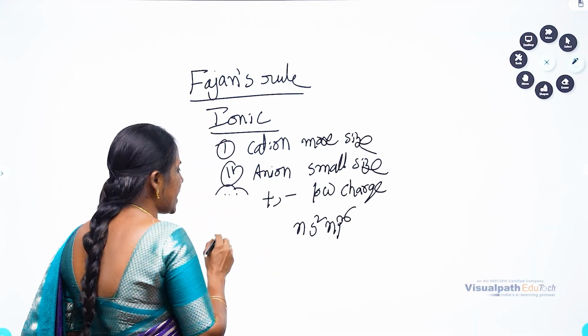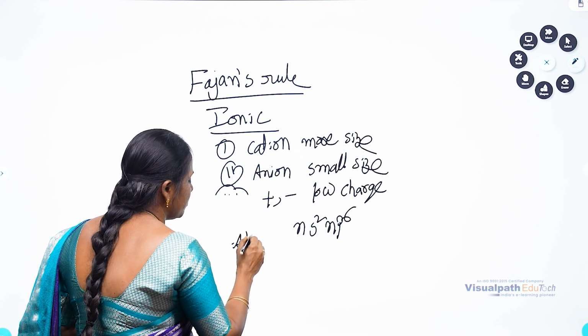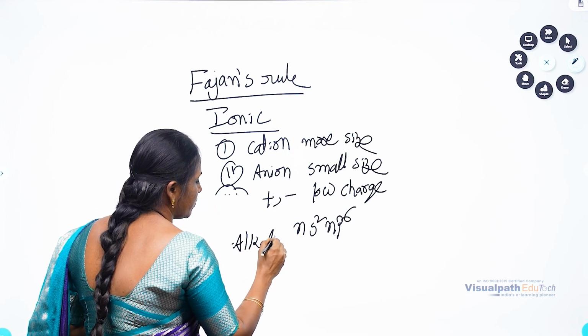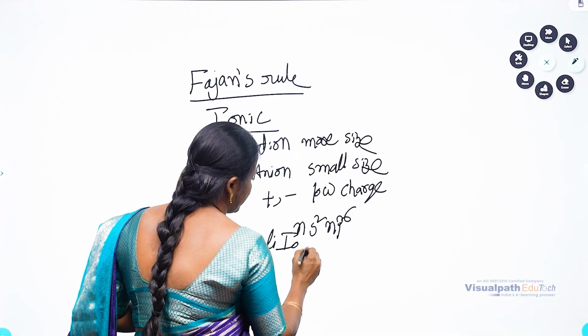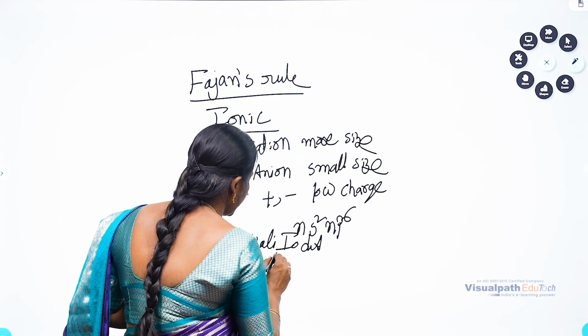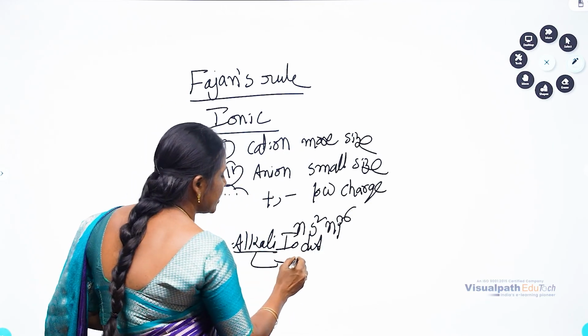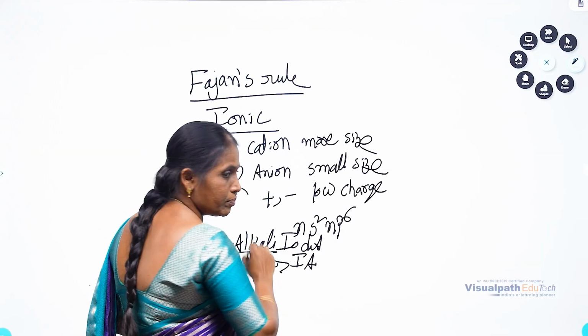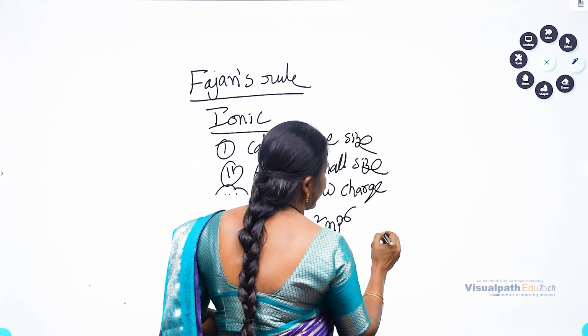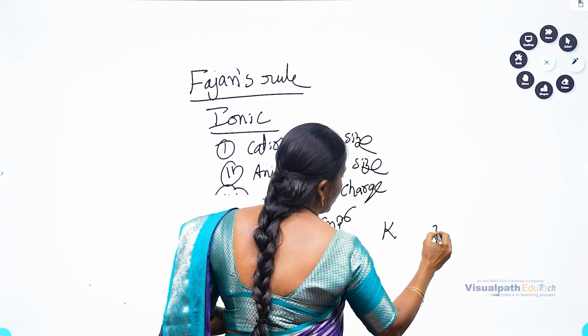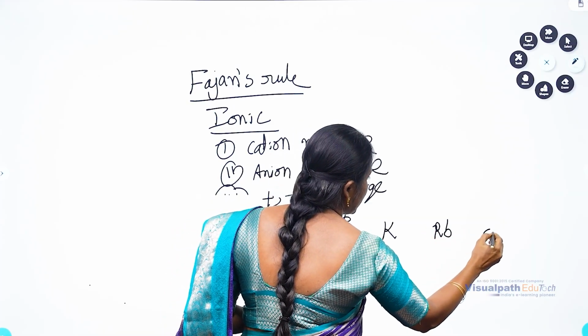So here we see one example, alkali iodides. What is an alkali? These are the first group elements. In the first group, we take potassium, rubidium and cesium.